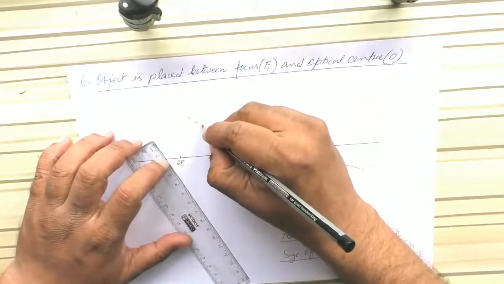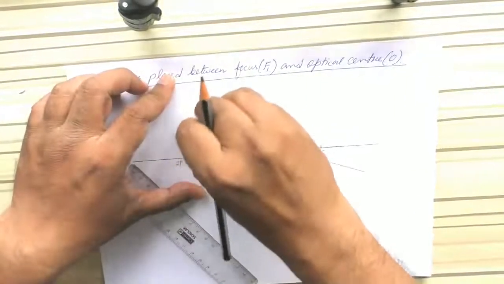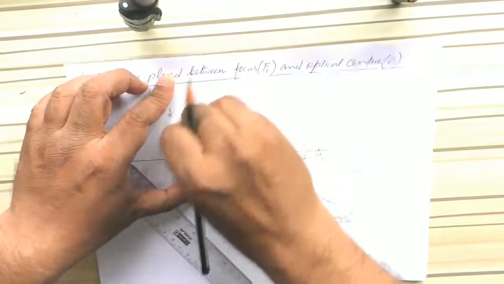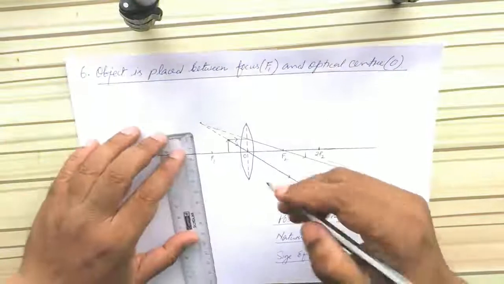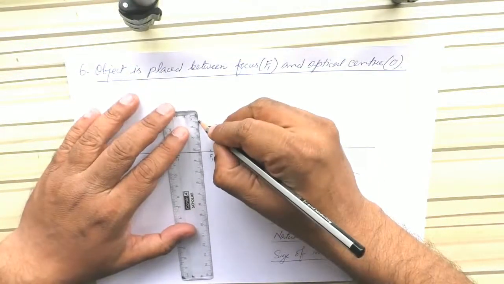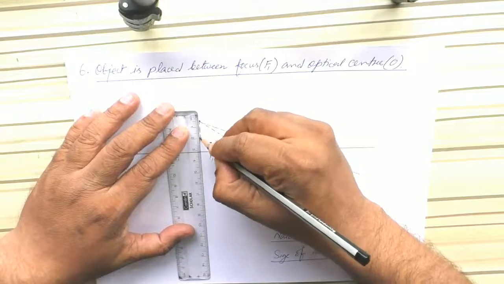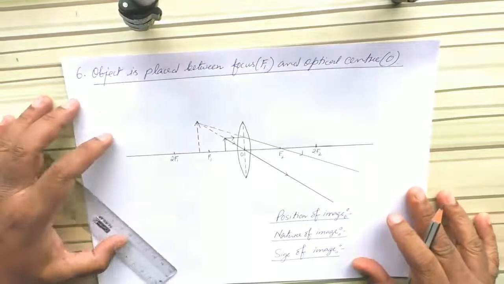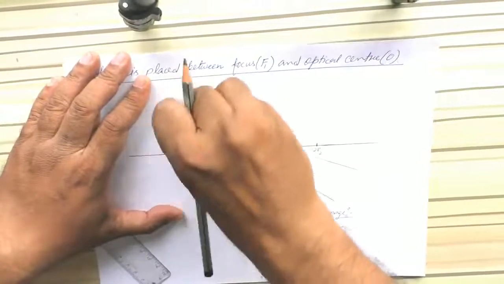At this point B, a virtual, erect and magnified image of the object is formed.